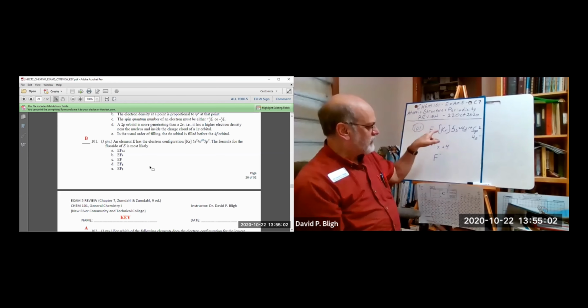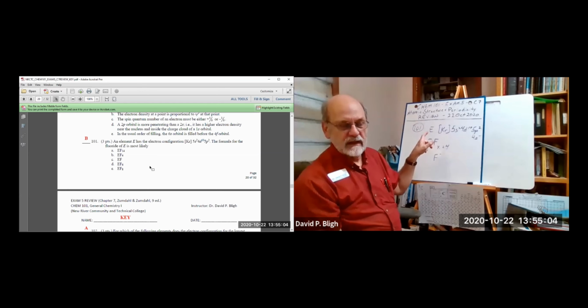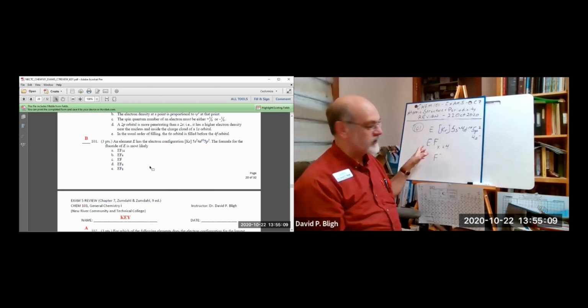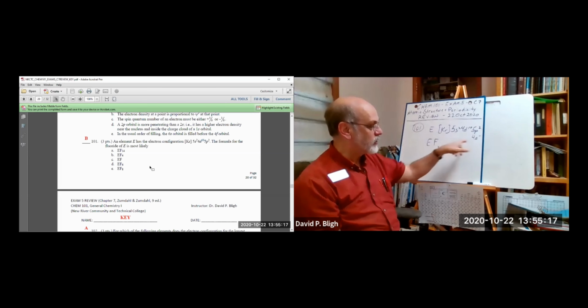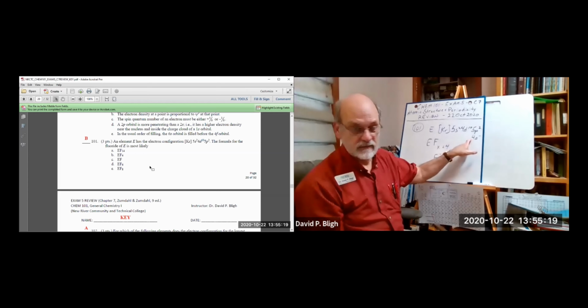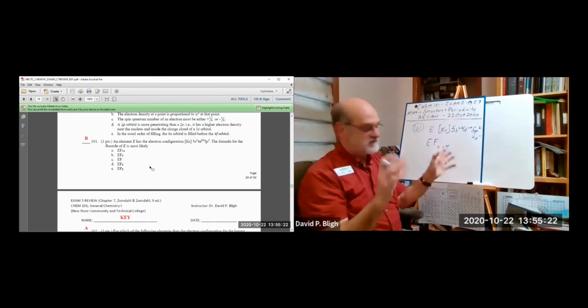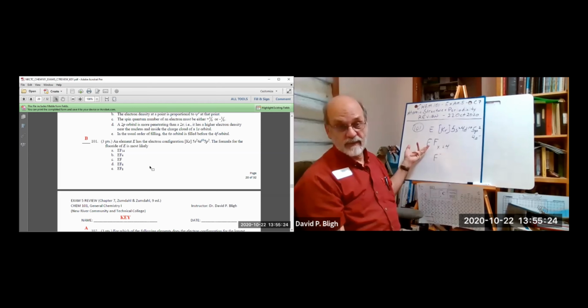Now, the logic here is such that you don't even have to know whether this element is an ionic compound or a covalent compound. Doesn't matter. All you need to know is how many electrons it needs. And E could be a metal or a non-metal, it doesn't matter.